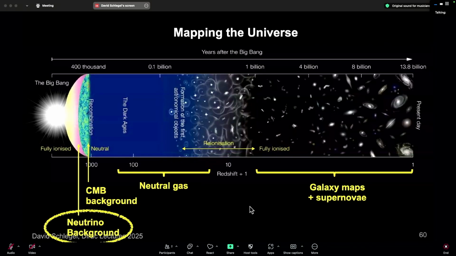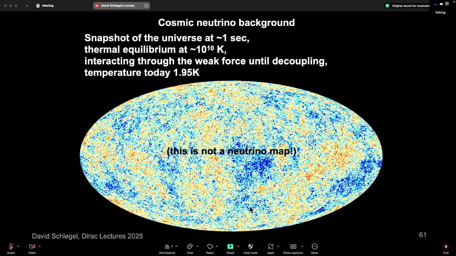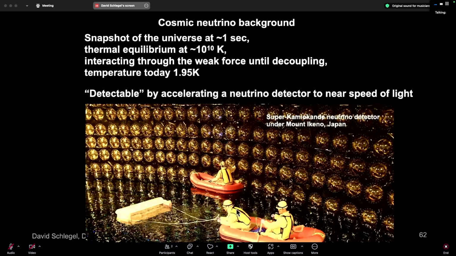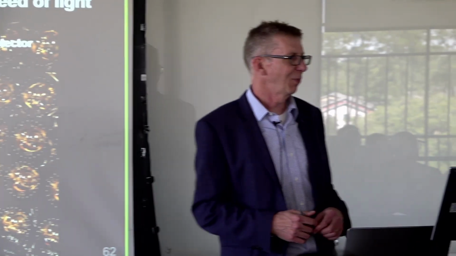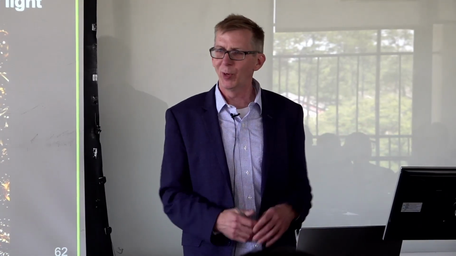Okay, then finally, neutrino background. So this would be the snapshot of the universe at 1 second old. I was trying to think of how you'd actually measure this. So we've actually not detected any of these very low energy cosmic neutrinos yet. In principle, you could, if you took a neutrino detector, accelerated it to near the speed of light, then they would appear more energetic.